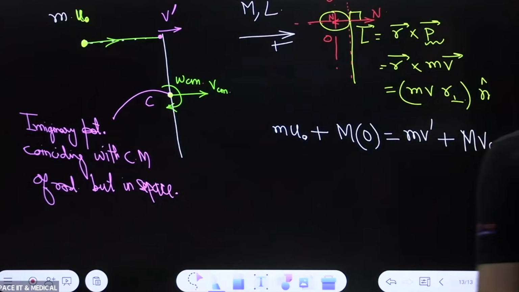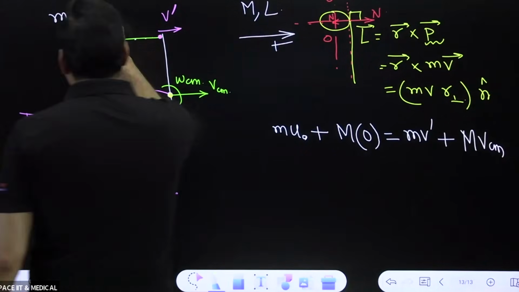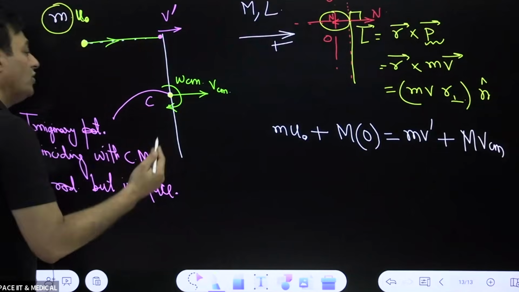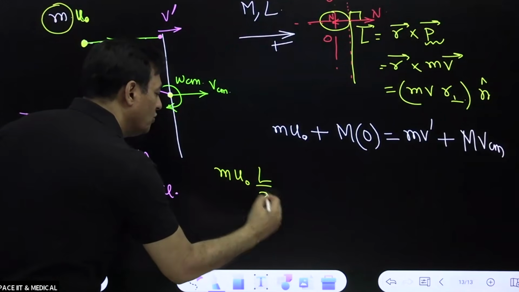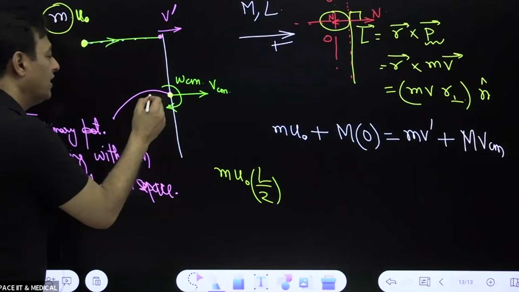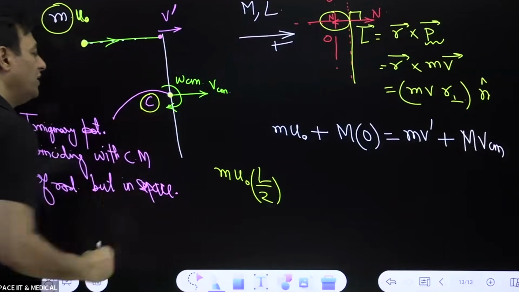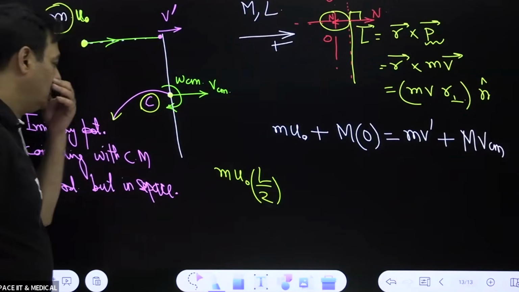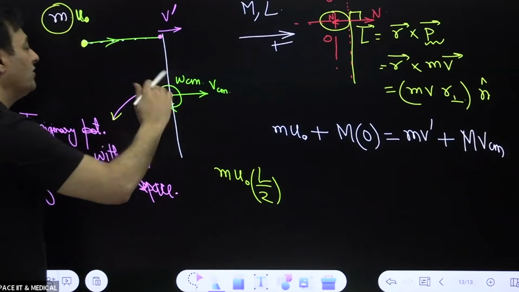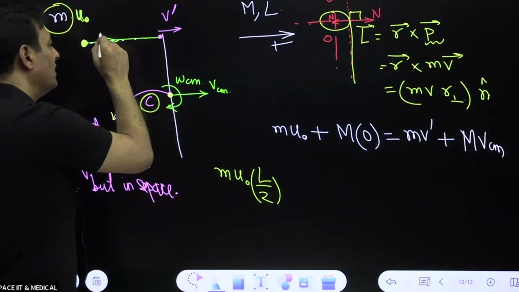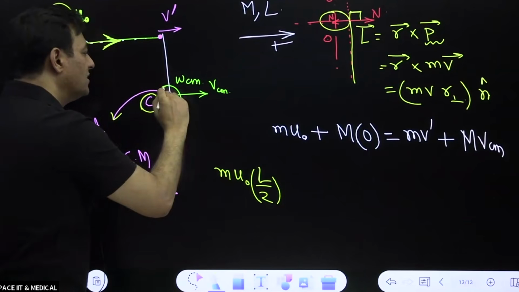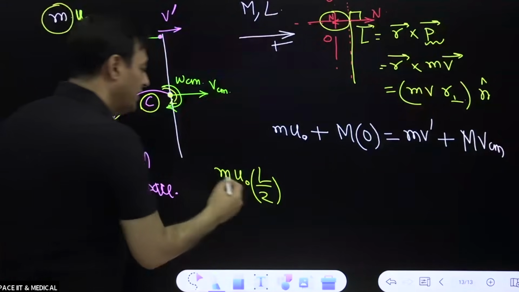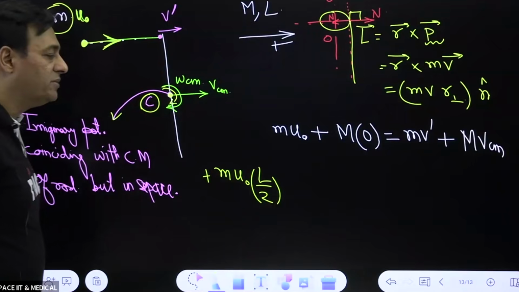Now, I'll quickly write: angular momentum of this point mass before collision is m u naught into L by 2 about C. We are conserving angular momentum about this point. Okay. And is it clockwise or anti-clockwise? It is moving like this. So it is clockwise. Clockwise positive. We have chosen clockwise to be positive.